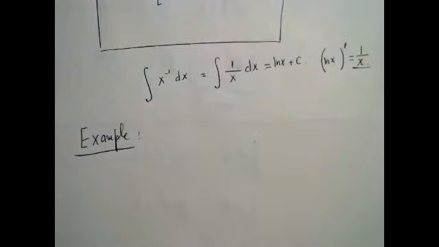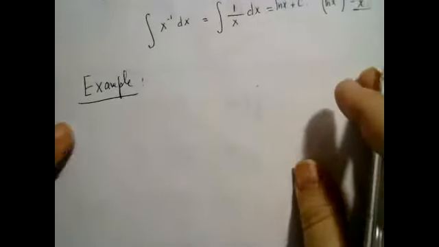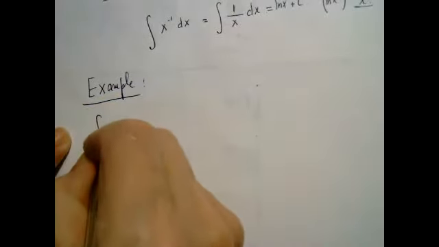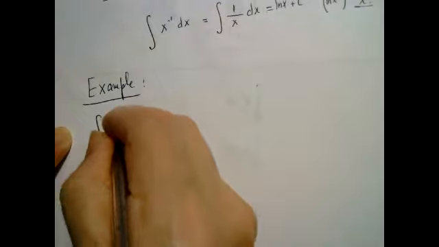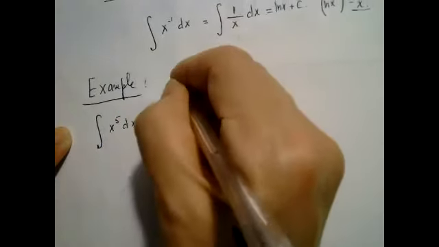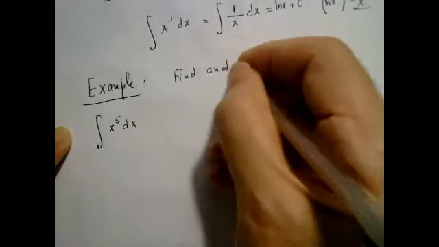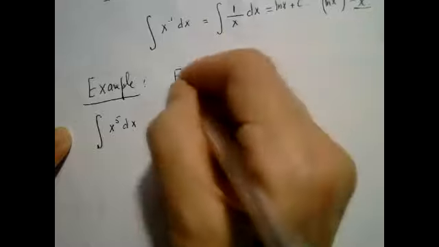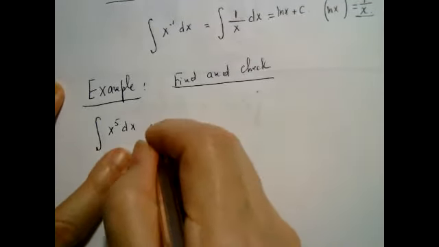Very basic one. Let us find the antiderivative, or the indefinite integral, which is easier to write instead of writing antiderivative. We can do a very simple one first. The question is: find and check the integral of x to the 5 dx.